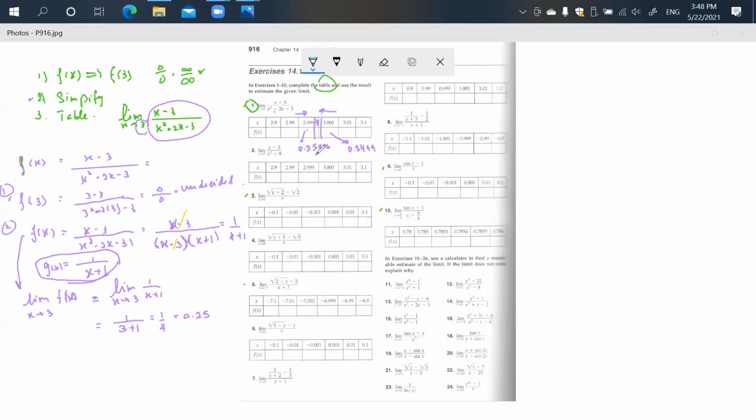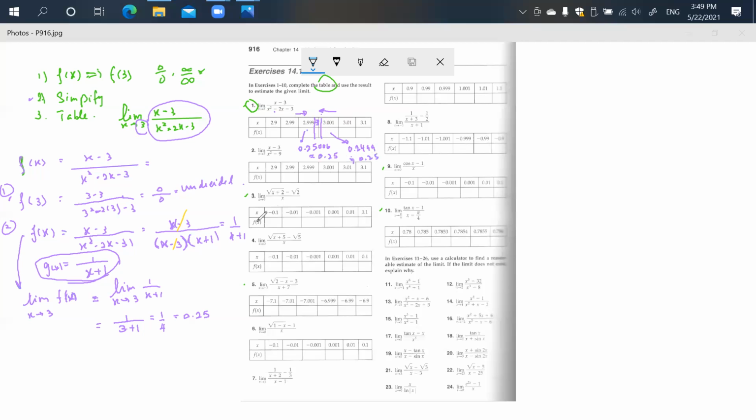So that means when you round this one, it is approximately 0.25, and this one you round up also 0.4999 is approximately 0.25.